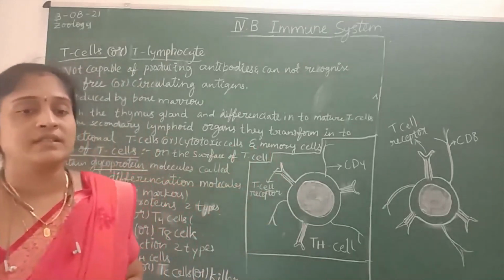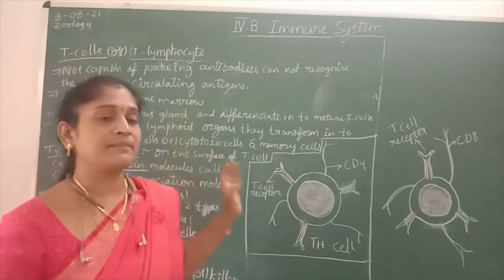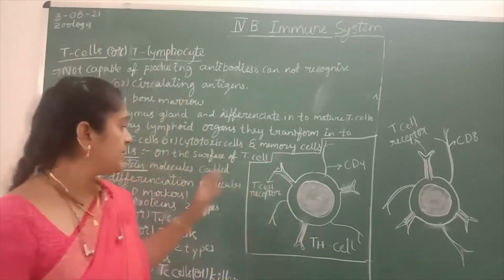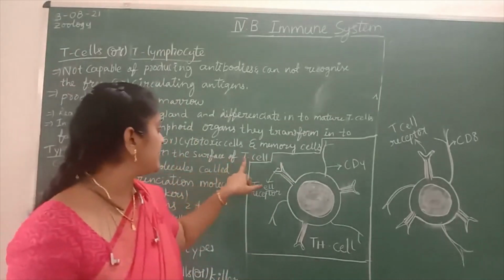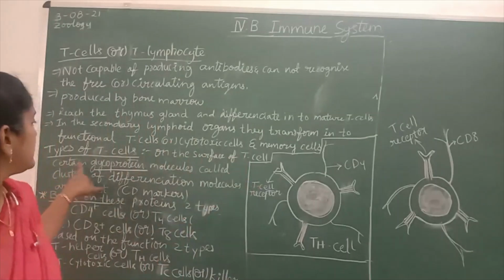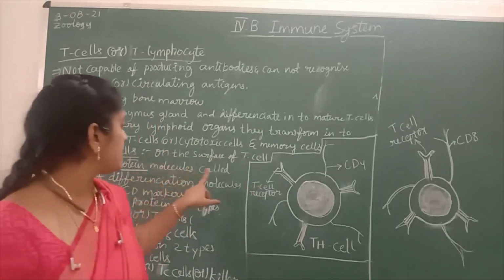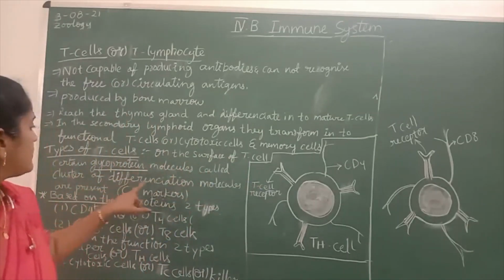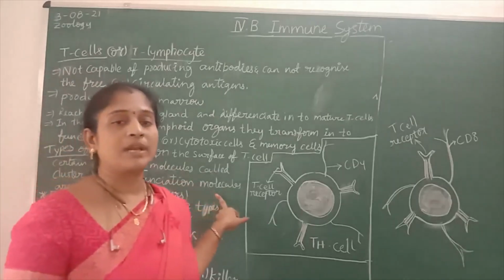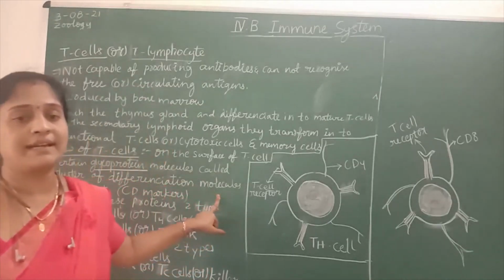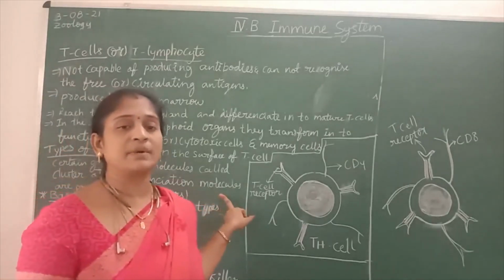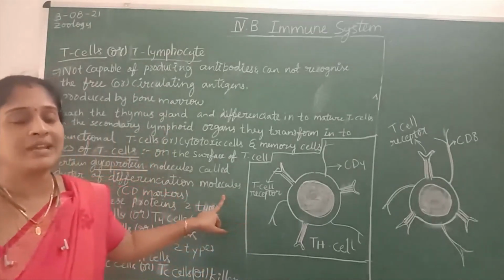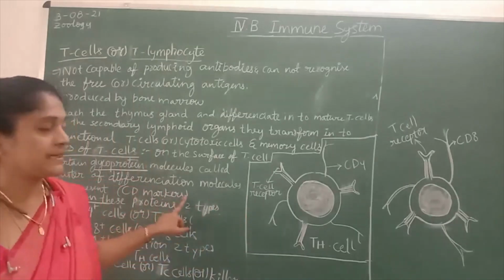In the T cells there are some types of T cells. On the surface of the T cell, certain glycoprotein molecules are present, called cluster of differentiation molecules. So they are known as CD markers.